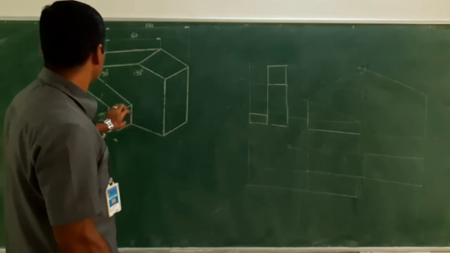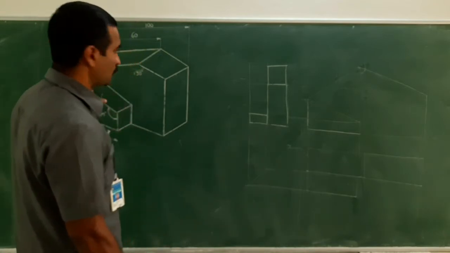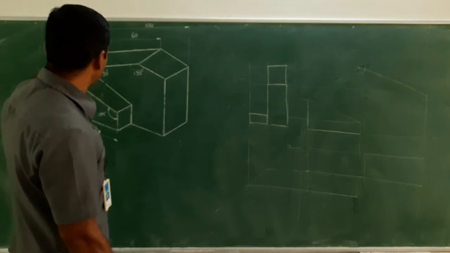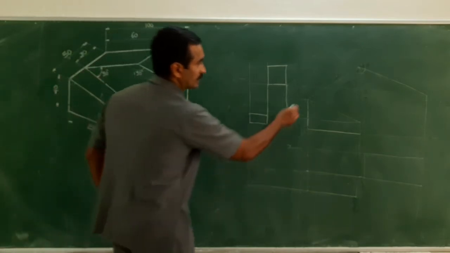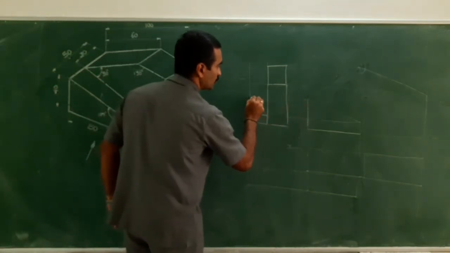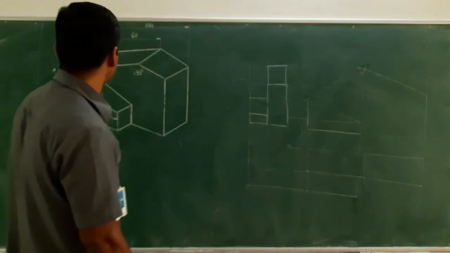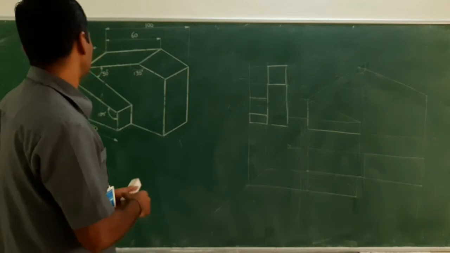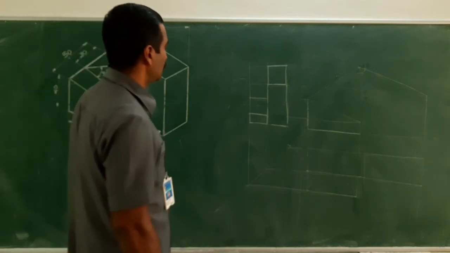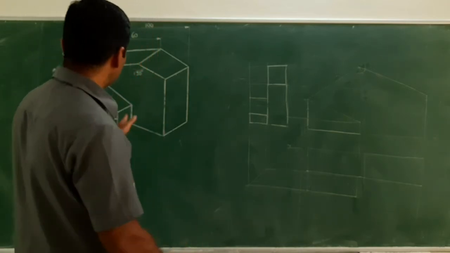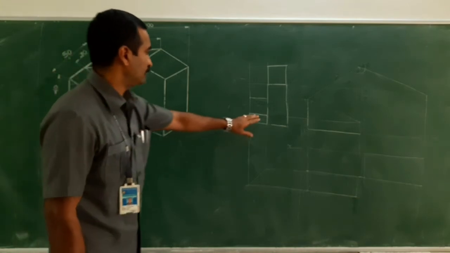Right? Then, what about this portion? This is also visible up to here, up to 40. Where it is 40, here it is 40. So this portion is also visible. Right? Now, what is next? Is anything visible? This one I have captured here.